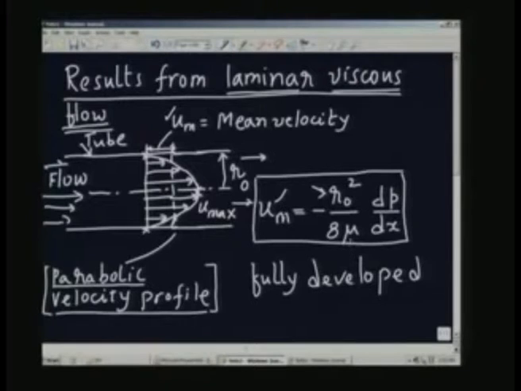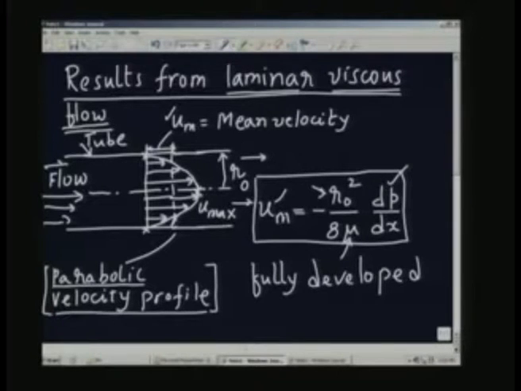In the denominator I have the viscosity mu, and then I have the pressure gradient dP by dx. So, this is the relationship I am going to borrow from laminar viscous flow theory.